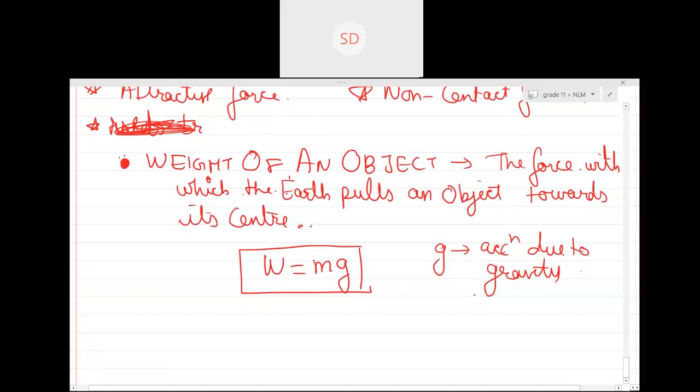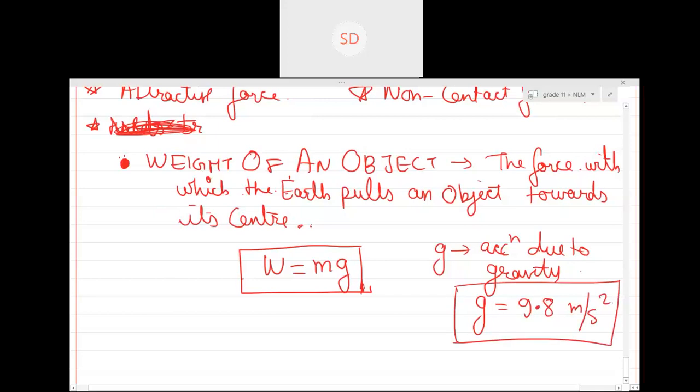But please remember, this g is equal to 9.8 meter per second square. We know the value of g, but this formula is only valid for near Earth objects.